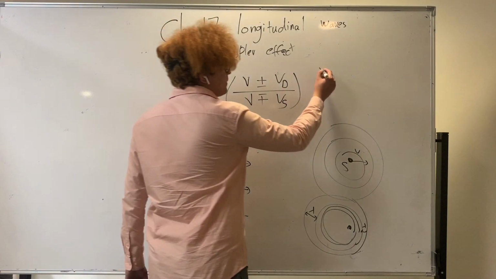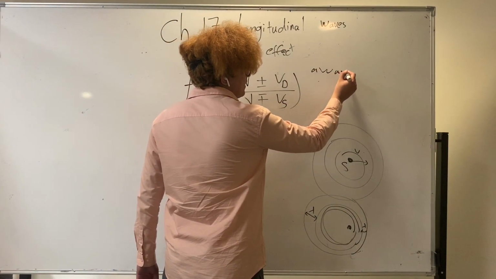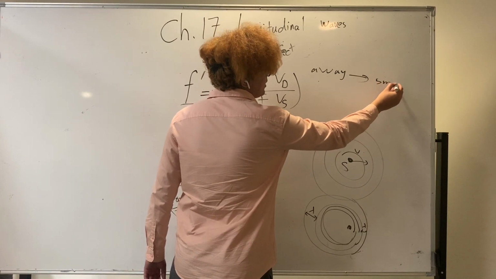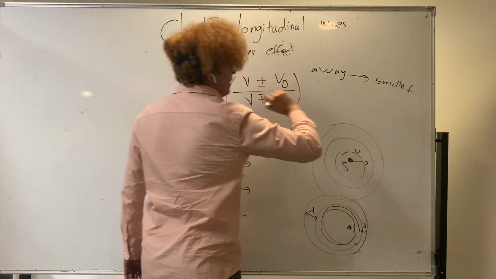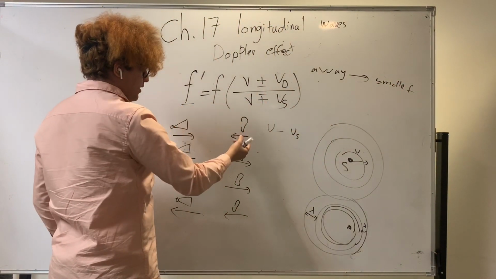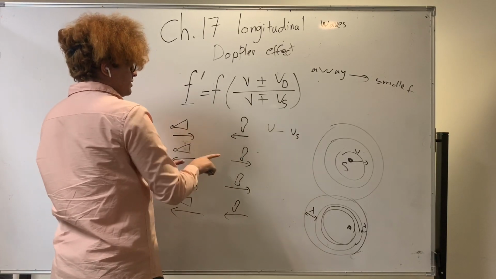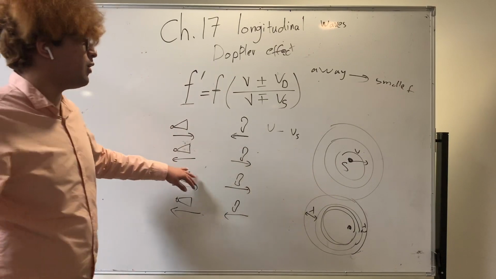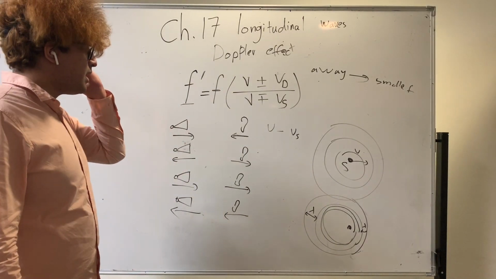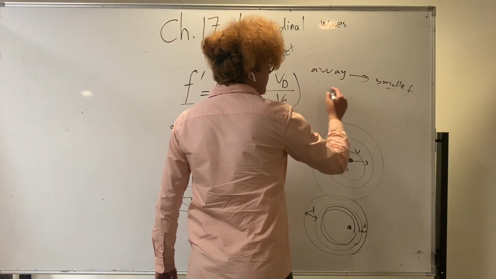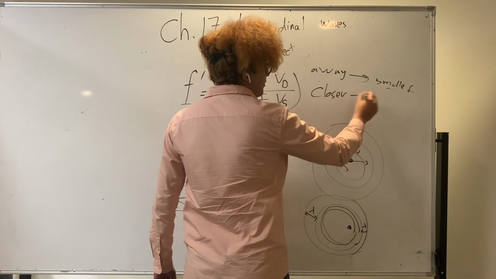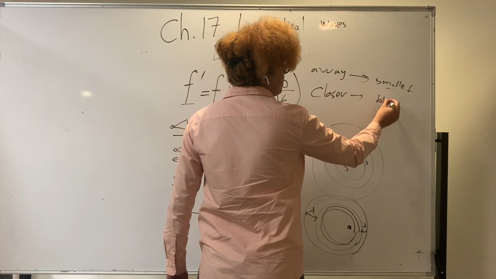So away will result in a smaller frequency. If either the detector or the source is moving away from the other, then we're going to have a smaller frequency. And if it's closer, then we're going to have a bigger frequency.